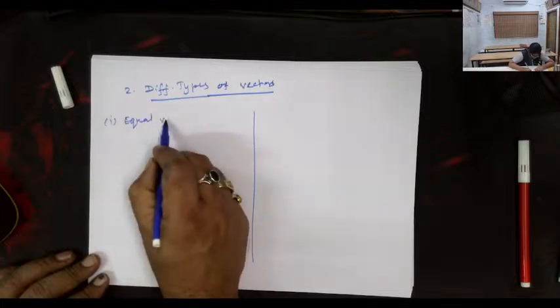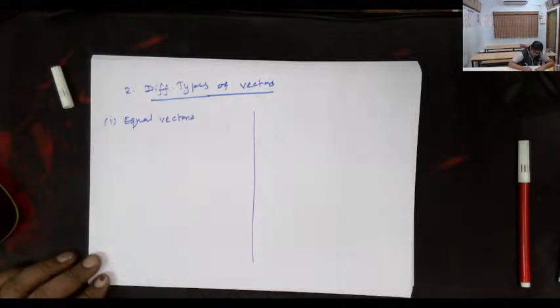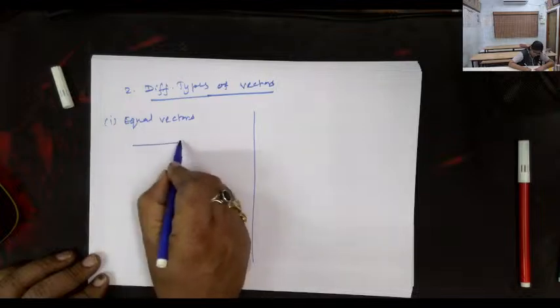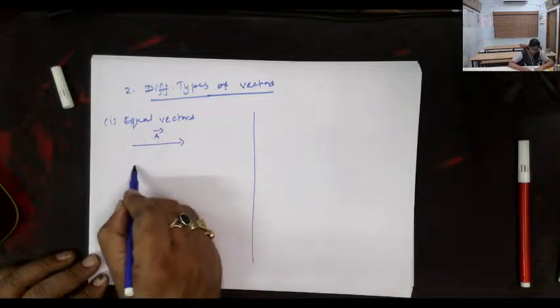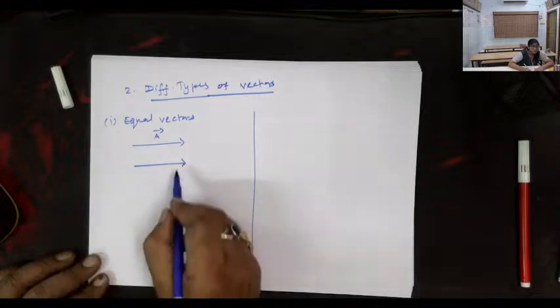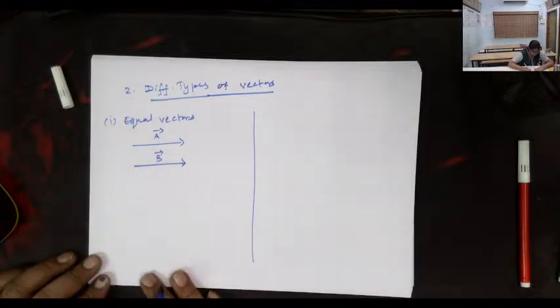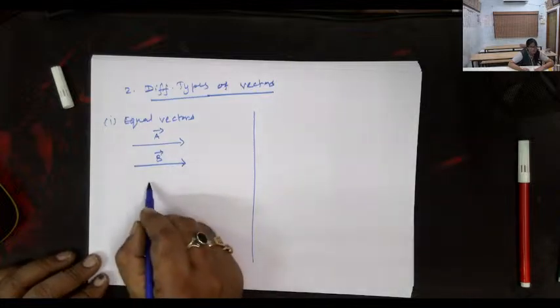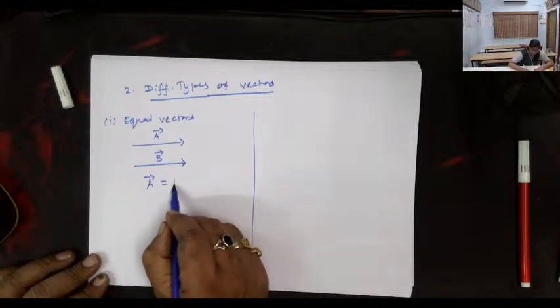Equal vectors. For example, let me have a vector A, and another vector B whose direction as well as magnitude are both the same. So such vectors are called equal vectors. It means vector A is equal to vector B.